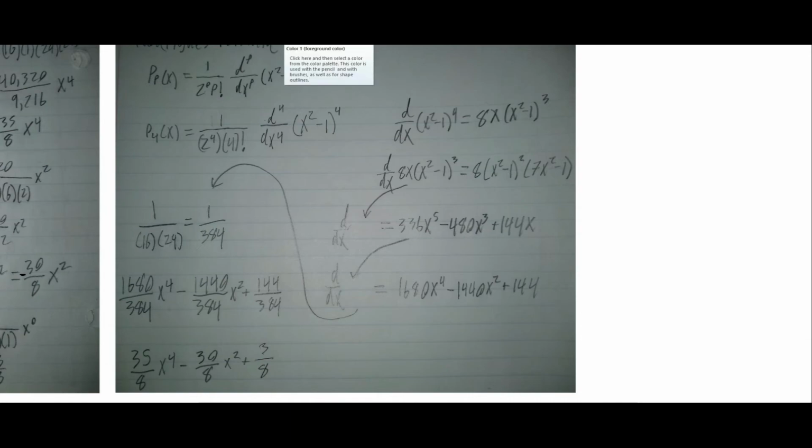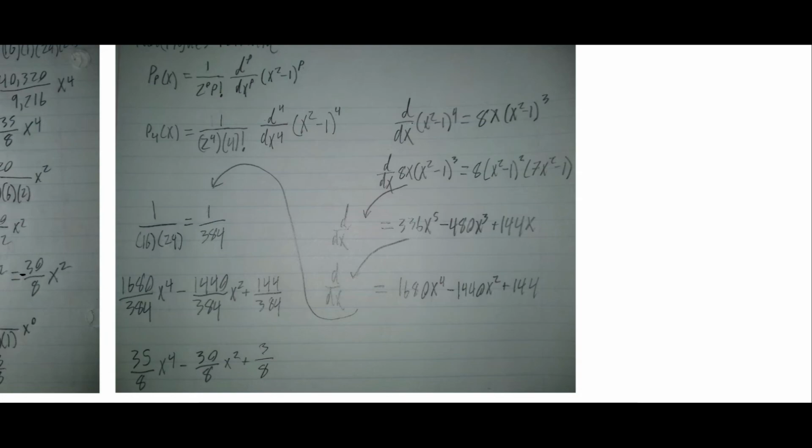Once again, I went through that using our fourth degree. So I put 4 in for all the p's, so 2 to the fourth and 4 factorial, but then we had to take the fourth derivative of x squared minus 1 to the fourth power.